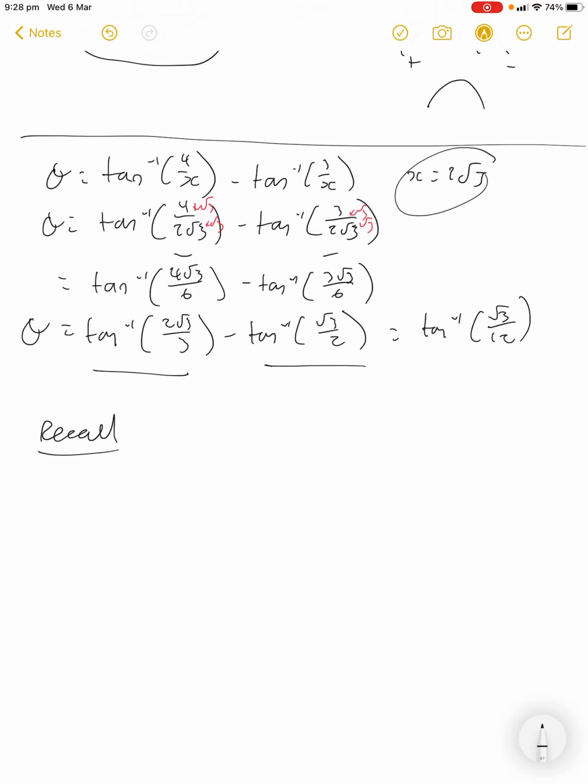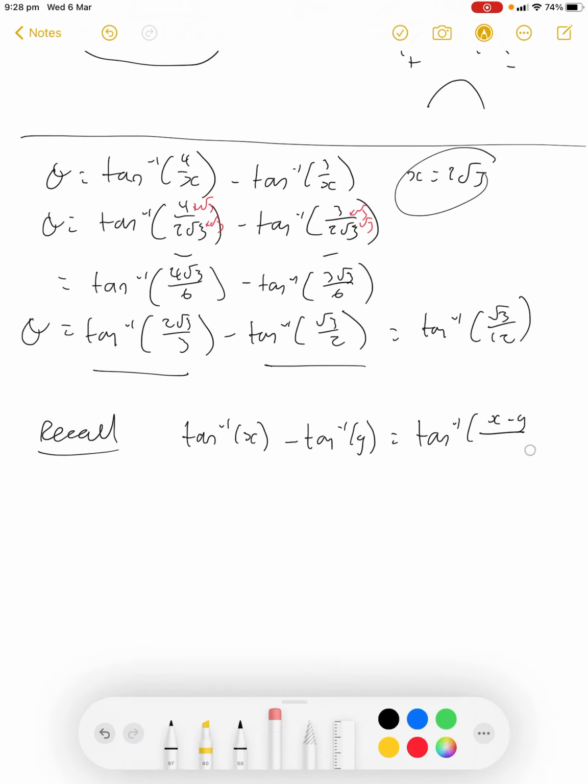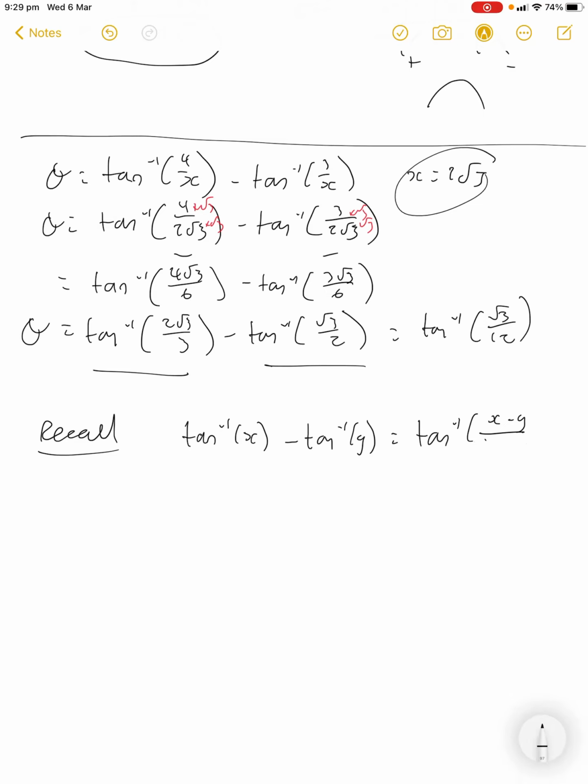So if we recall that the inverse tan of x minus the inverse tan of y is equal to the inverse tan of x minus y over 1 plus xy. So if we were to take x as 2 root 3 over 3 from our example above, and y as root 3 over 2, let's plug them into this formula right here.